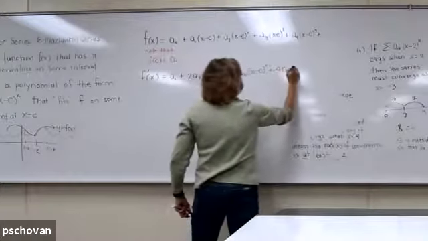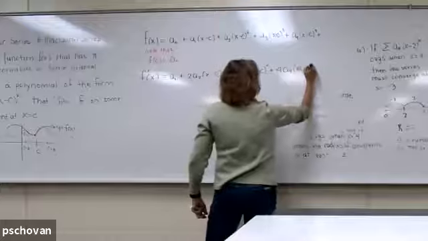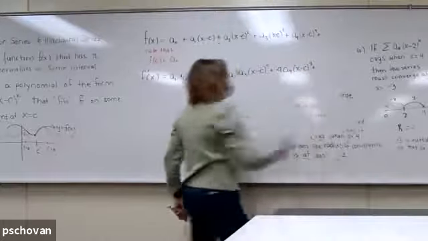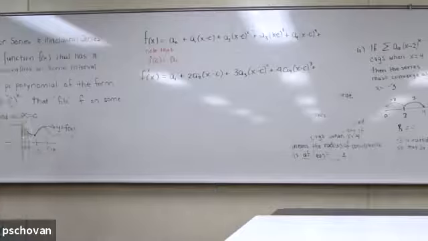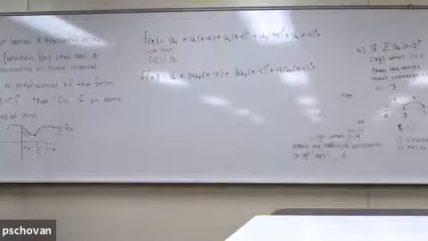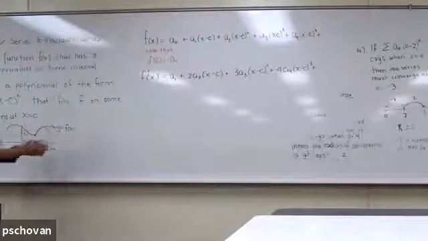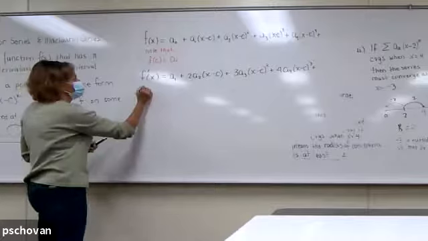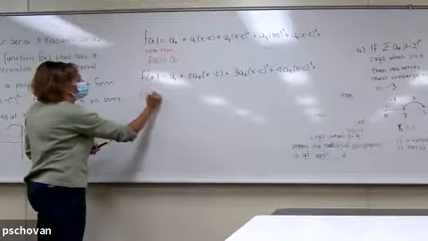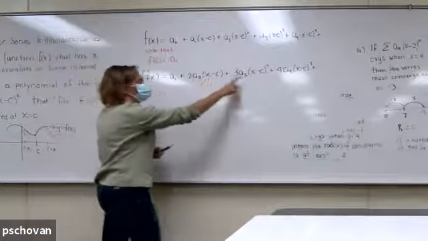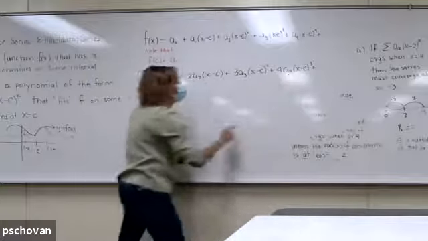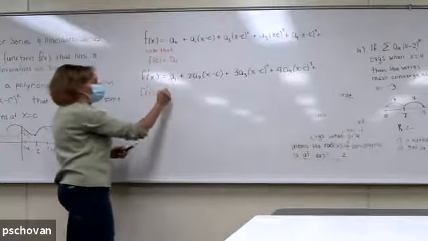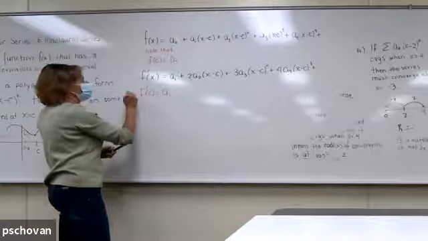And then 4 times a4 (x minus c) cubed, and so on. Now to make them have the same slope at x equal to c, I need f prime at c. If I put a c in here, all those terms are 0, so this number has to be f prime at c.